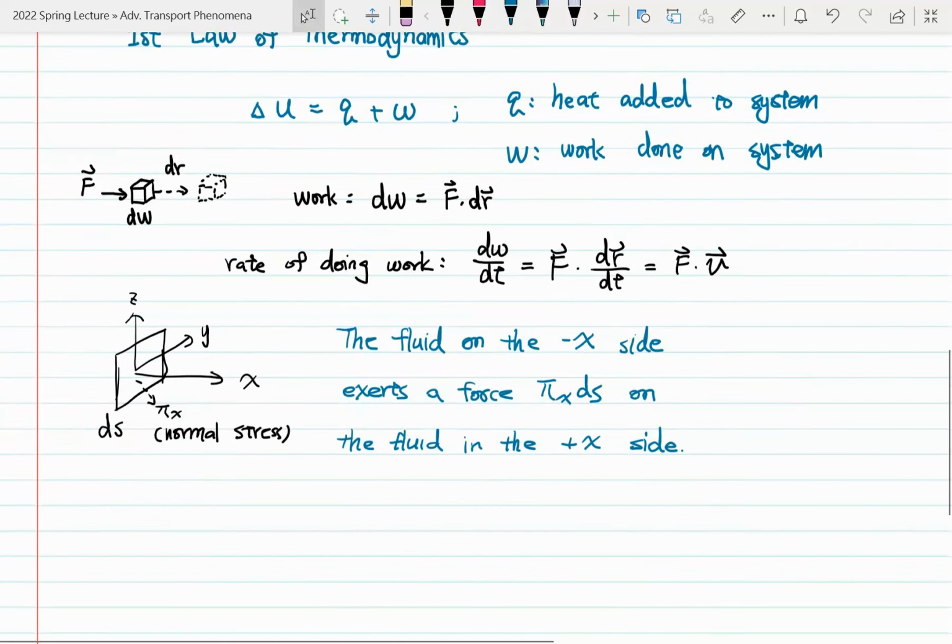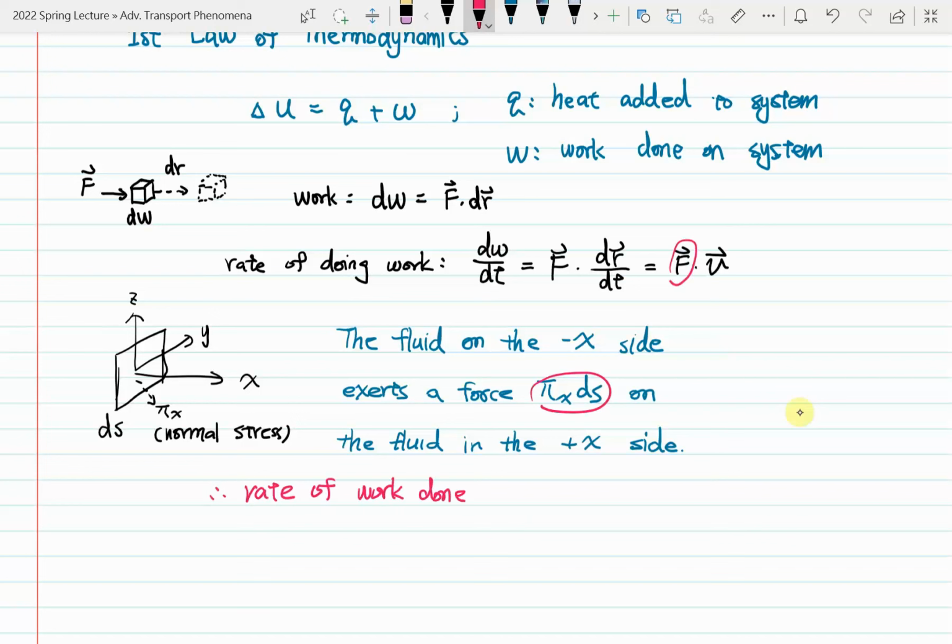Okay, so finally, if we go into the fluid mechanics part here, we know that the force here is basically F. So the rate of work done by the fluid at the negative side to the plus side is pi x dot ds, or it doesn't have to be dot actually.